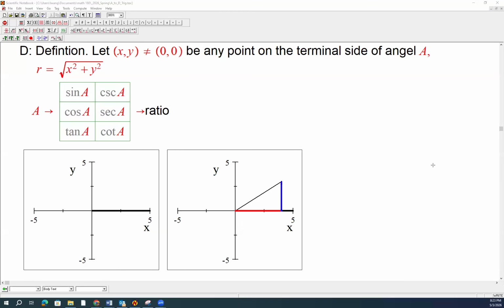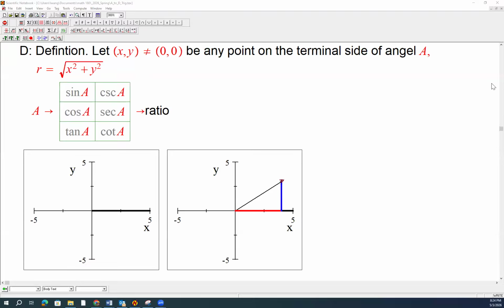Let me draw a curve. This point is a point of choice. I'm going to maybe put a red dot here.